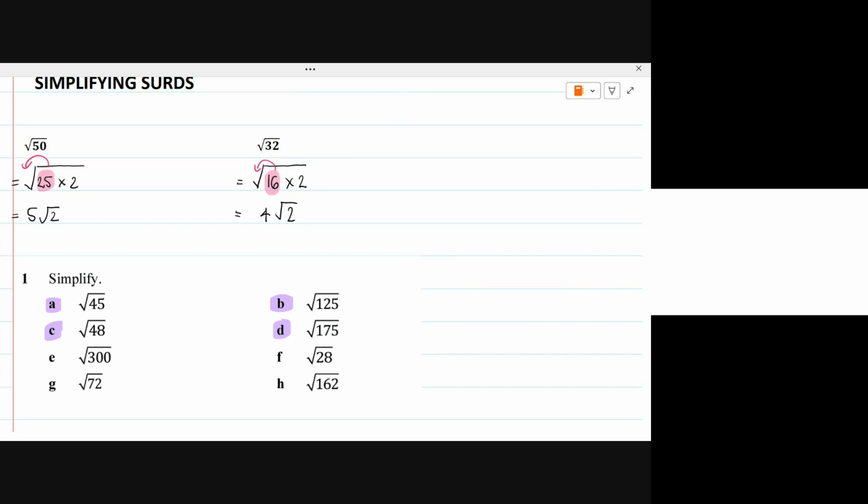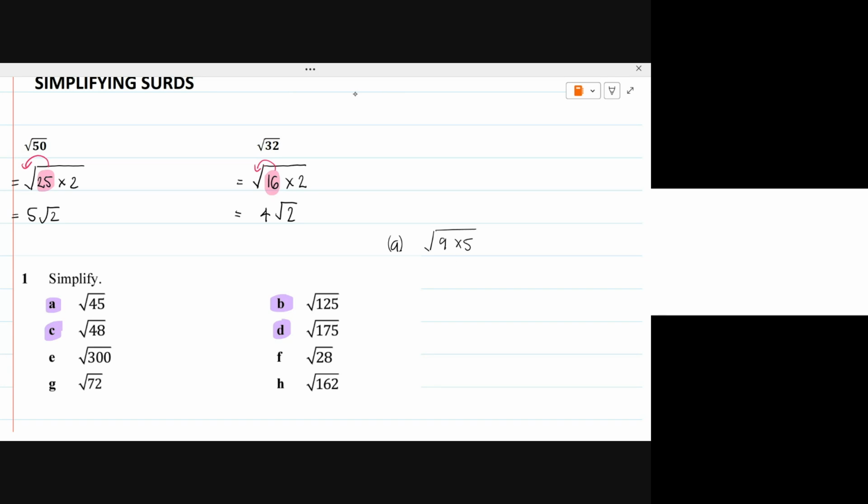Okay, let's start with A. I know that I need 45 to be split into a perfect square and something else. I know 3 times 15 is not going to work. Neither of those two numbers is a perfect square, right? I can't use 4, because 4 is an even number, that's not going to work. But what about 9 times 5? Does 9 times 5 work? Yes, it works, right?